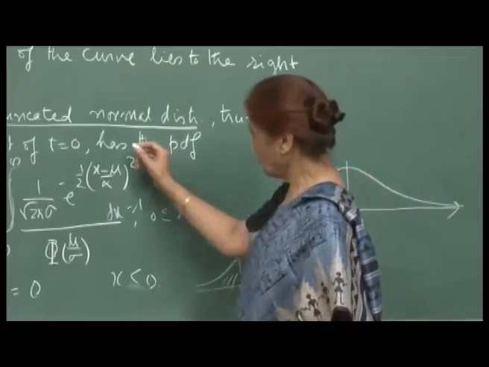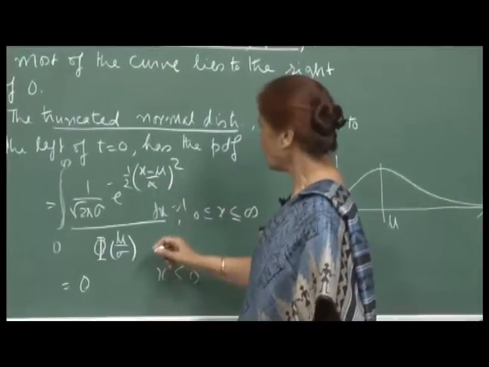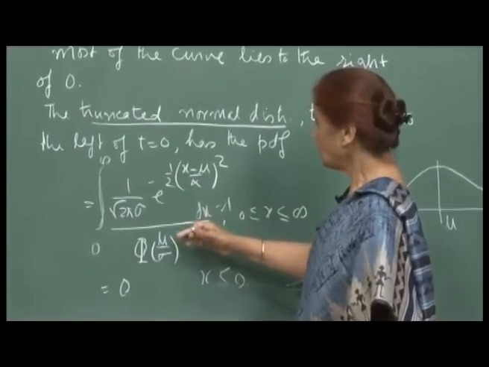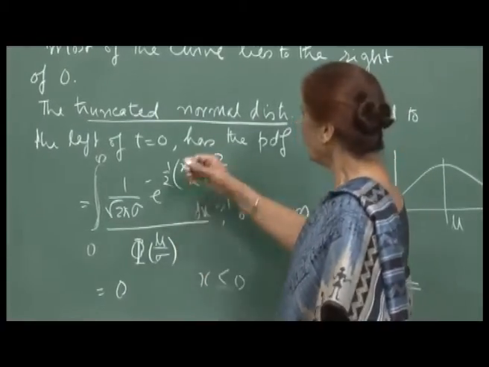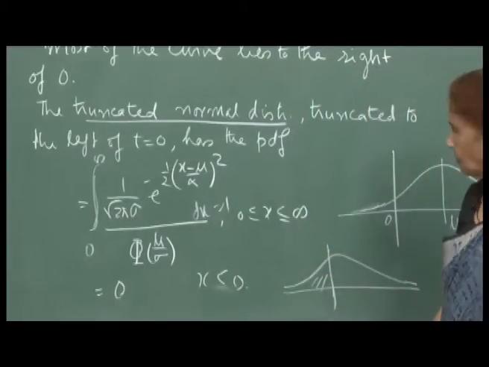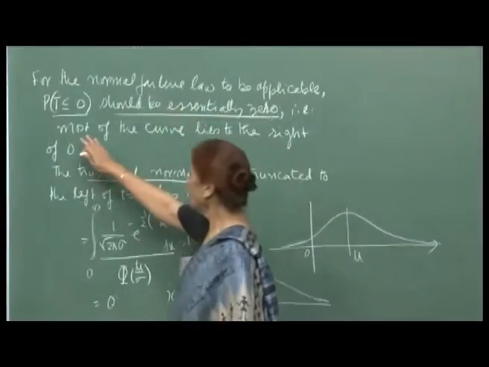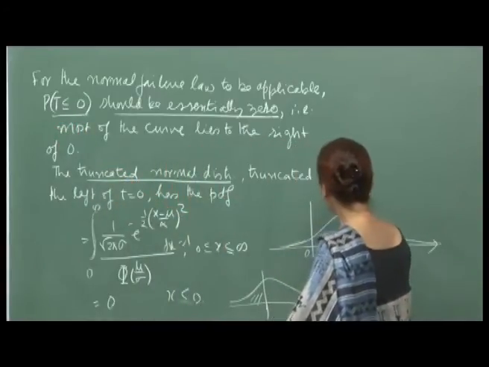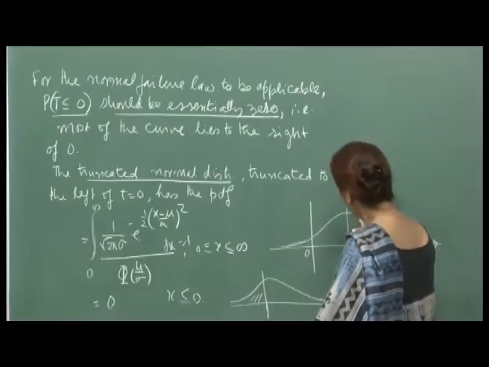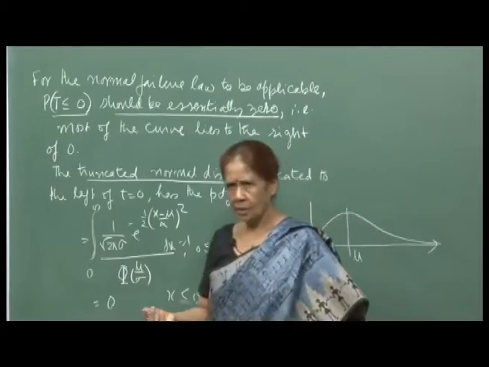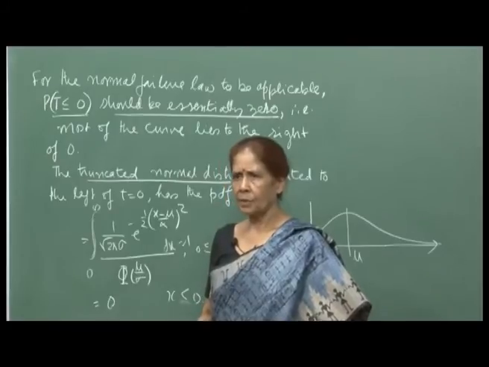This will also complicate your computations, and besides that it will not give you the desired results. So, the truncated normal distribution is not to be considered. It is simply that, keeping this in mind, we have to make sure that most of the curve lies to the right of 0. Then, when we compute the probabilities, they would be approximately all right.